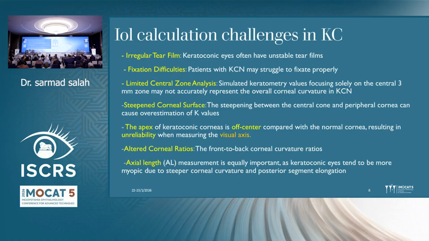The difference in steepening between the central cone and periphery causes the K value to be overestimated. Another point is that the apex of the keratoconic cornea is off-centered, making measurements that depend on the visual axis less reliable. Also, there is alteration in the ratio between front and back corneal curvature, and don't forget, axial length is equally important, and keratoconic eyes tend to be steeper with posterior segment elongation.